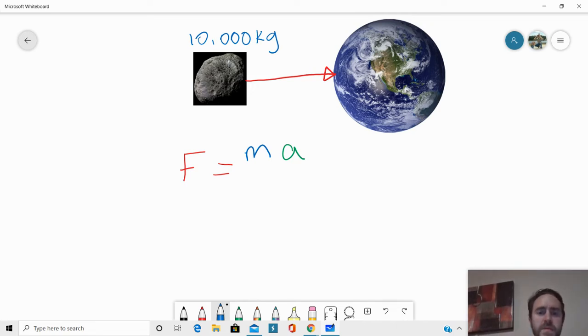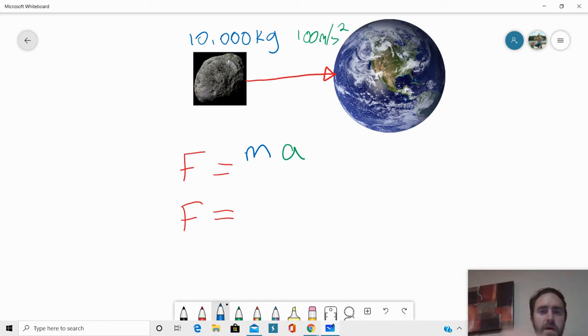Now, we've also measured how fast it's going, and let's just say, for simple number crunching, its acceleration is 100 meters per second squared. So actually, every second it's accelerating by 100 meters per second. Now, what force are we going to need to apply to balance this out to get it to 0?